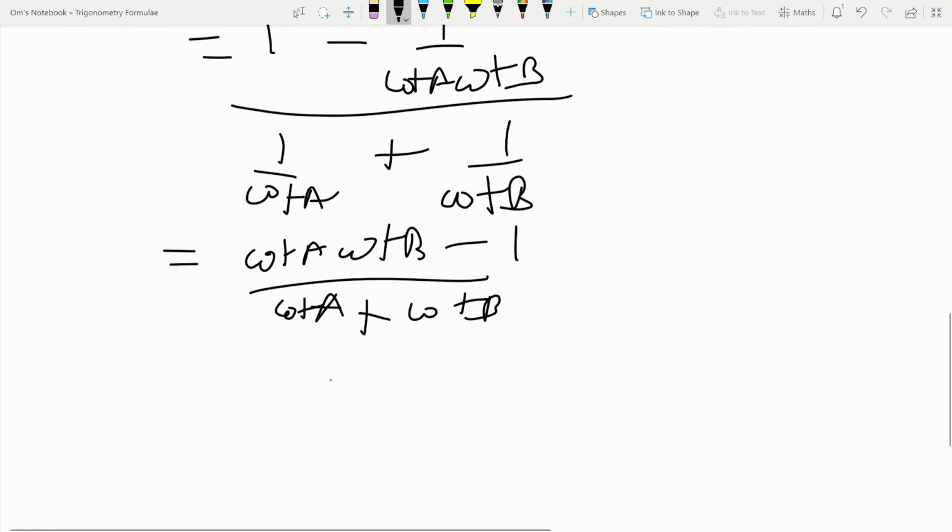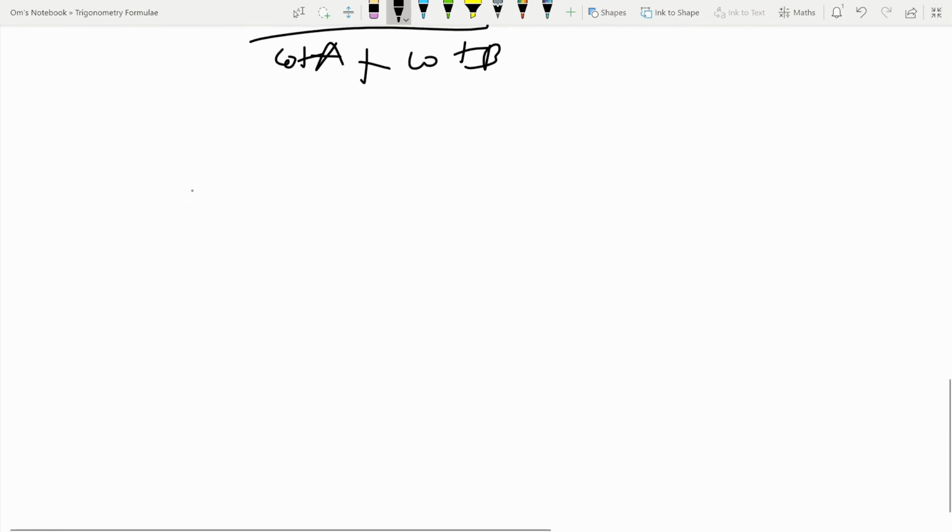Alright, so this is that, and now we'll move on to the double angle formulas, that is sin 2x, cos 2x, tan 2x. We'll just derive these. For sin 2x, the strategy that we'll use is writing it as sin of x plus x.